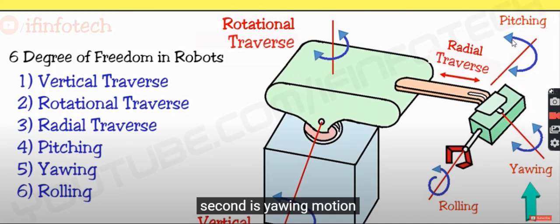All these parameters have to be defined while selecting the robot, based on the type of motion, the manipulator, and the end effector, that is, what tool you want to attach. Based on that, overall things are defined at the workplace. If it is not defined properly, then you cannot select the right type of robot for the further process.